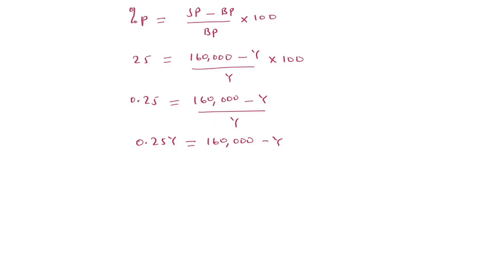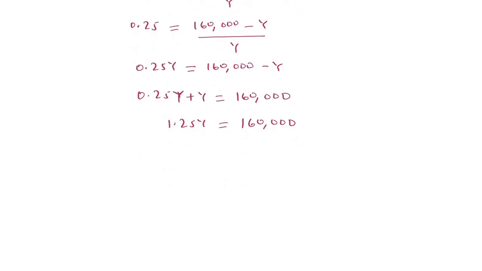Next we are going to collect the like terms. Our equation is 0.25y plus y equals 160,000. Solving our left hand side, we have 1.25y equals 160,000. Let us now divide by 1.25 both sides.